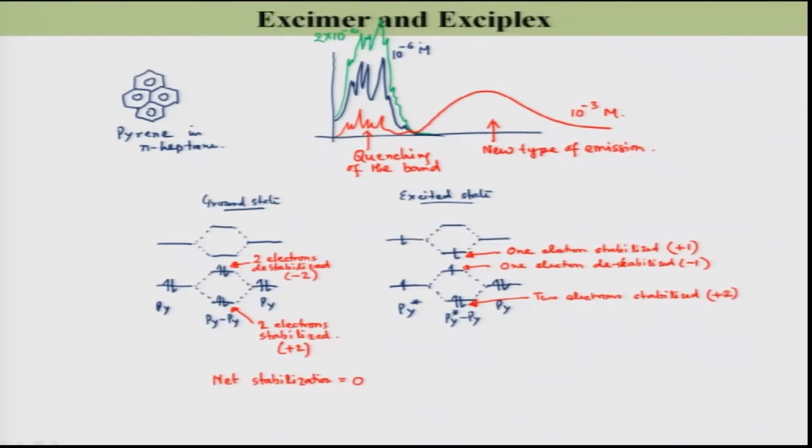So, the net stabilization is there. Net stabilization is +2 and then I have 2 electrons, so per electron net stabilization is +1. I am going to have this net stabilization only when one of the pyrenes is in the excited state.